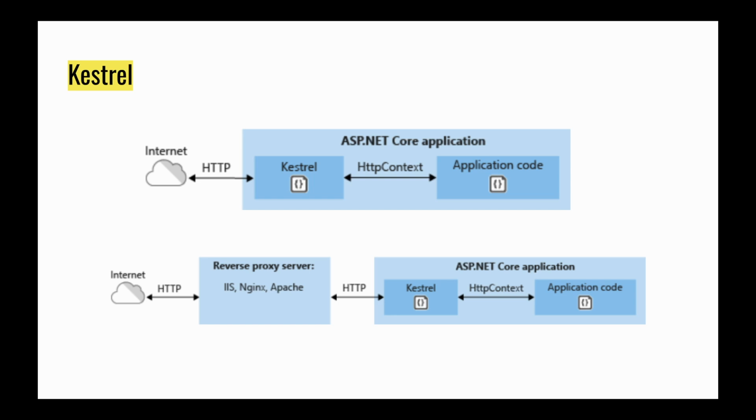The main difference between IIS and Kestrel is that Kestrel is a cross-platform server. It runs on Linux, Windows, and Mac, while IIS is Windows-specific. Another major difference between the two is that Kestrel is completely open source, while IIS is closed source and developed and maintained only by Microsoft. IIS is an old but powerful piece of software. With Kestrel, Microsoft started with cross-platform compatibility and high performance as clear design goals.